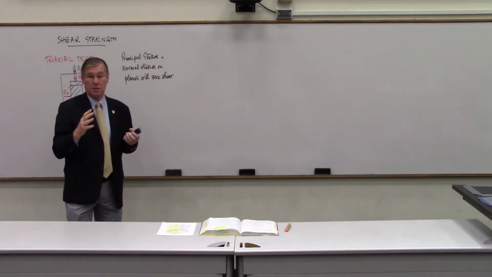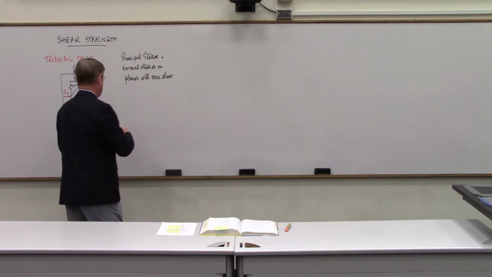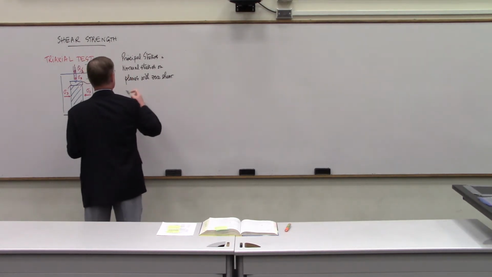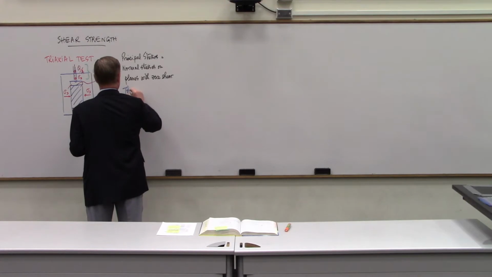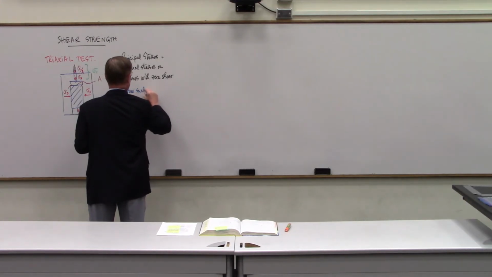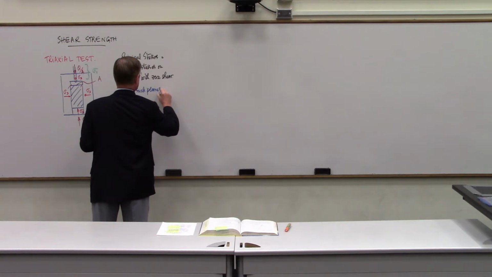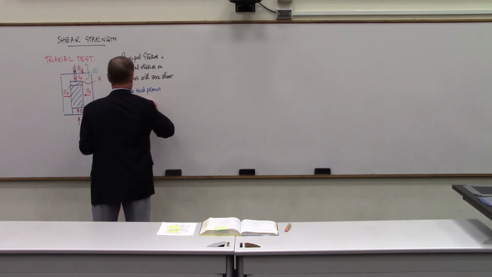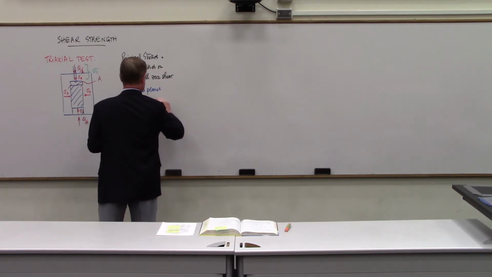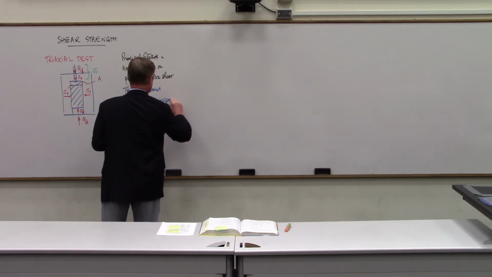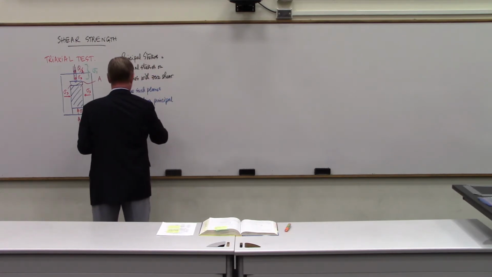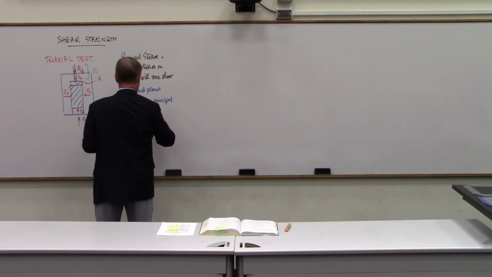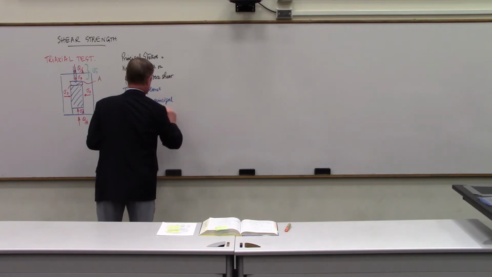And it turns out that there are three of those. There are three such planes. And the corresponding principal stresses will be, starting with the small one, sigma 3, sigma 2, and sigma 1.